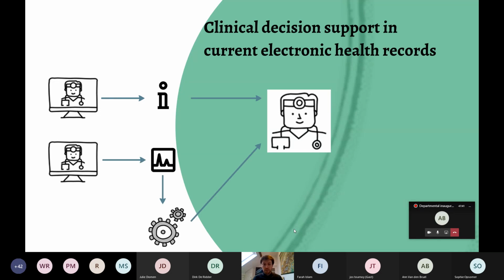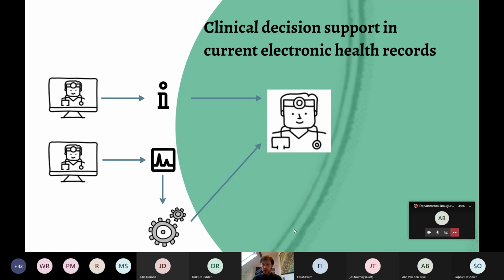More complex systems are what we call push systems, where the EHR has already sent a data set to a decision support system, and the system from that data set will derive recommendations, will derive actions, will derive reminders or alerts or physician order entries based on a set of rules.